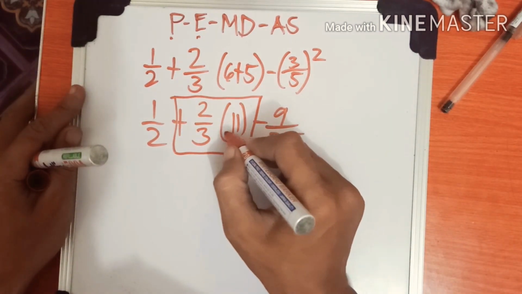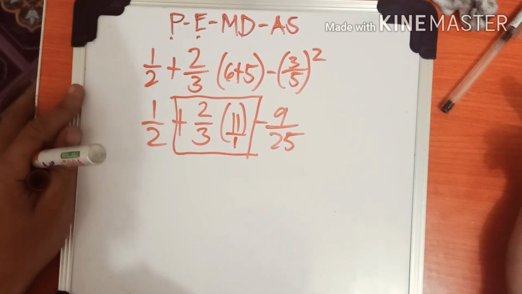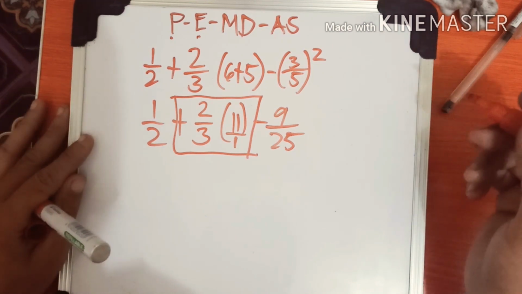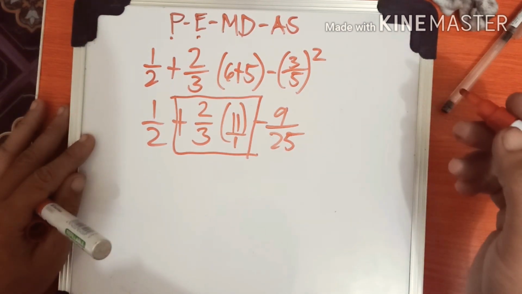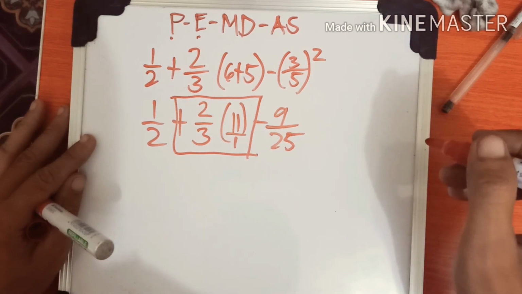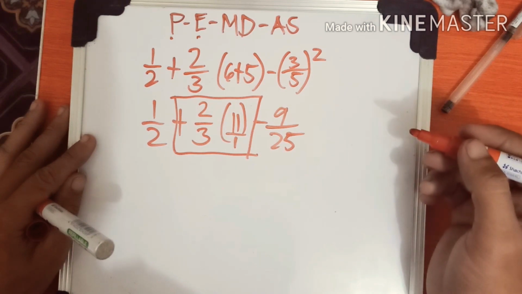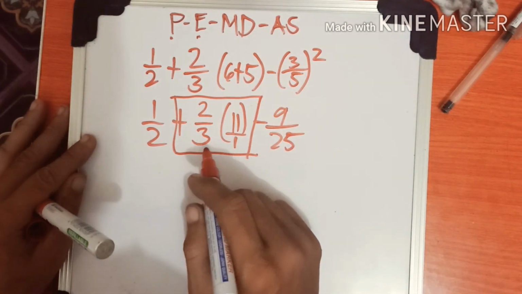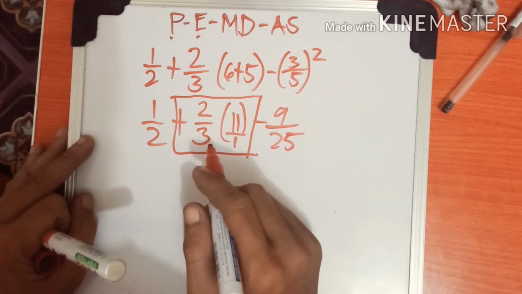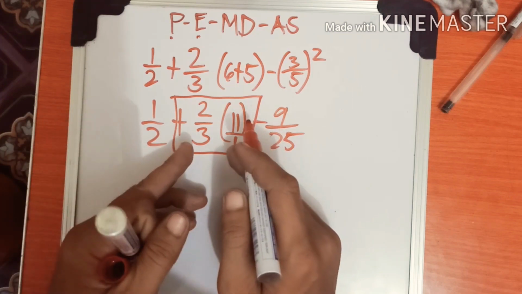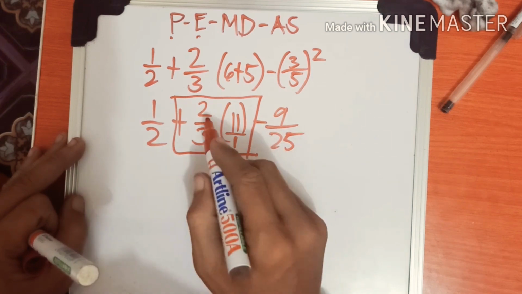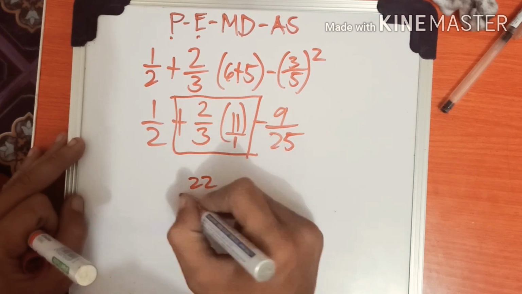To solve it, we put 1, and the reason is that in algebra, every number can be multiplied by 1 or added by the same number. So in fractions, this is multiplication, and it is valid to multiply this fraction: 3 times 1, that is 3, and then 2 times 11, that is 22.